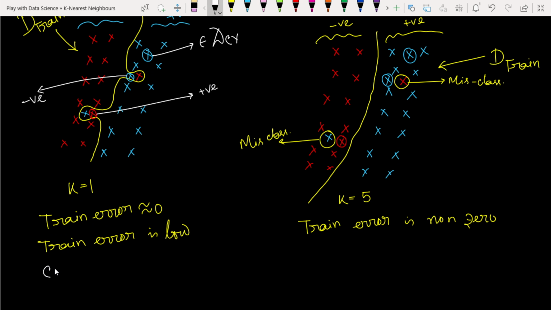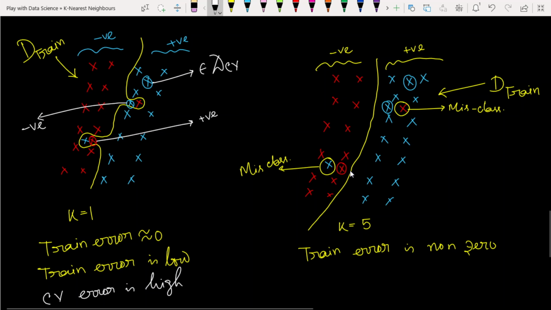So here the cross validation error is high. But here, if you see this side, the actual label is negative. So we got a negative point here, and a positive point here, and this point is a positive point.